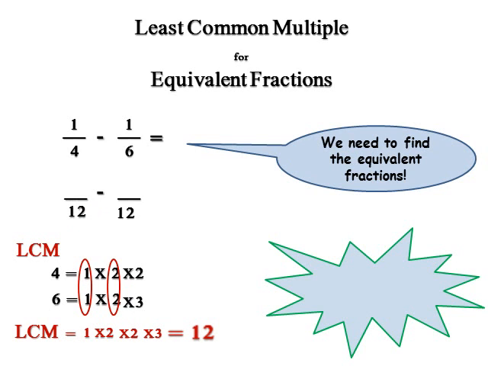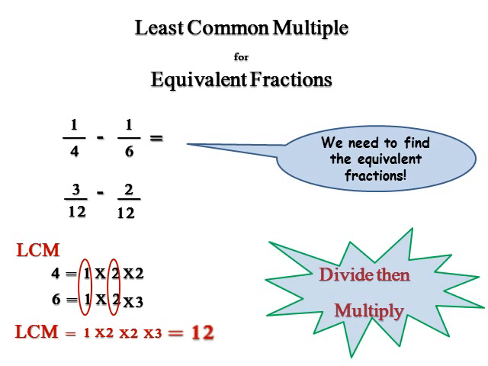Alright, so let's do this. Divide the new denominator by the old denominator, and multiply with the old numerator. So you have 12 divided by 4, that's 3, times 1, that's 3. Let's do 1/6. 12 divided by 6 is 2, multiplied by 1 is still 2.